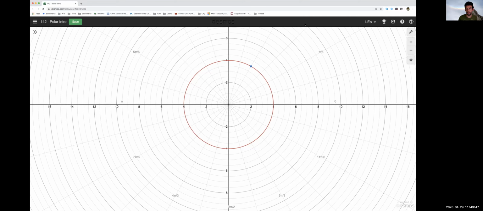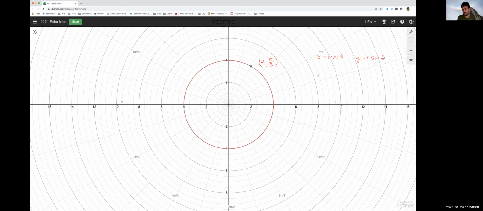Here we go, sorry about that. This point here in polar coordinates is 4 pi over 3. Let's convert this to rectangular. So remember the two equations I just gave us: x equals r cosine theta, y equals r sine theta.